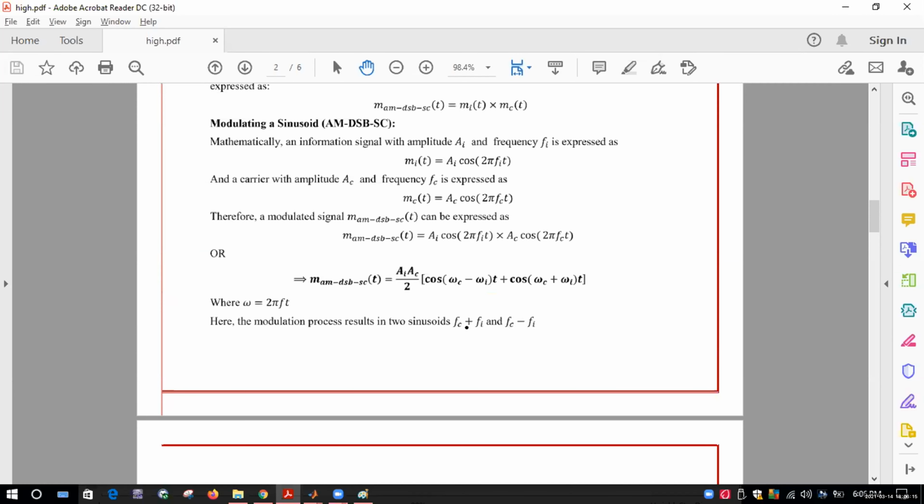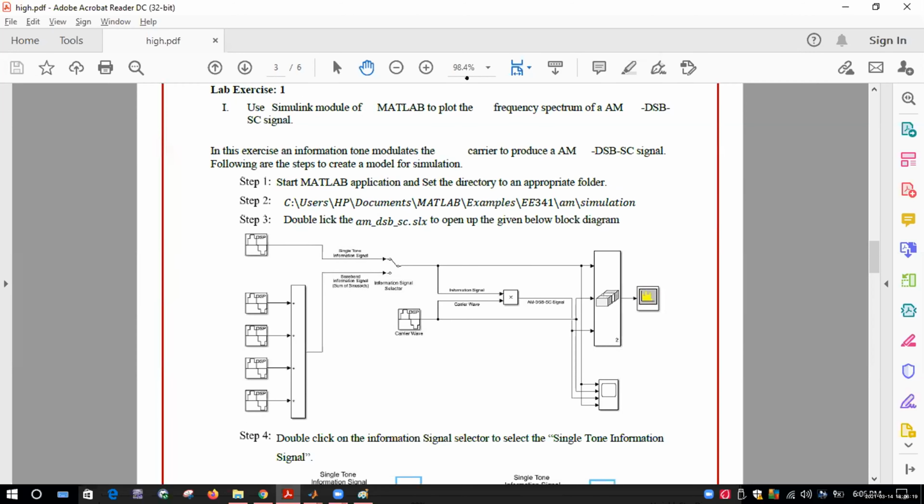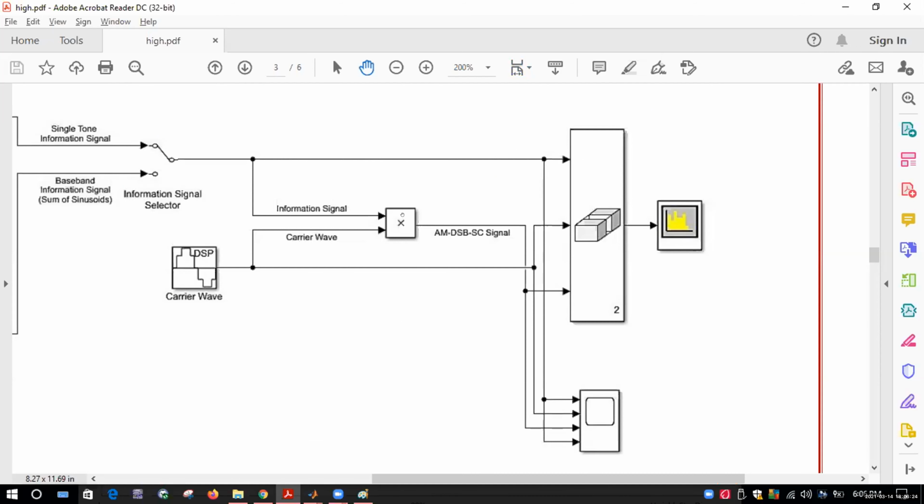Now we are going to implement this in MATLAB. In MATLAB, what we'll do here is, if you look at this, what is this one? Can you tell me now what is this one? Mixer. Or in technical terms, we call it a modulator, which is basically a mixer.